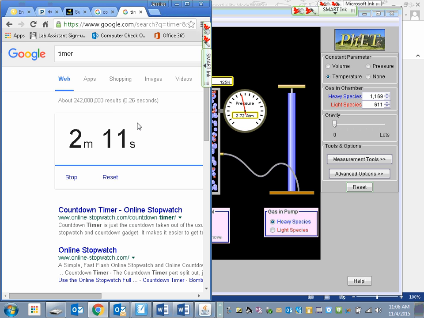So the first one would be the trials plot for volume. Would it be high temperature versus low temperature? And would it be low volume? The small one is low temperature.